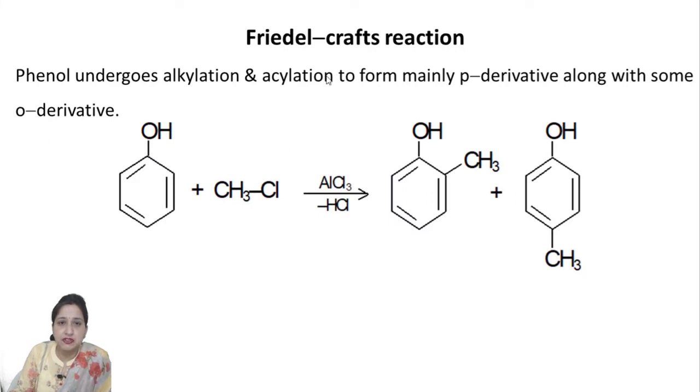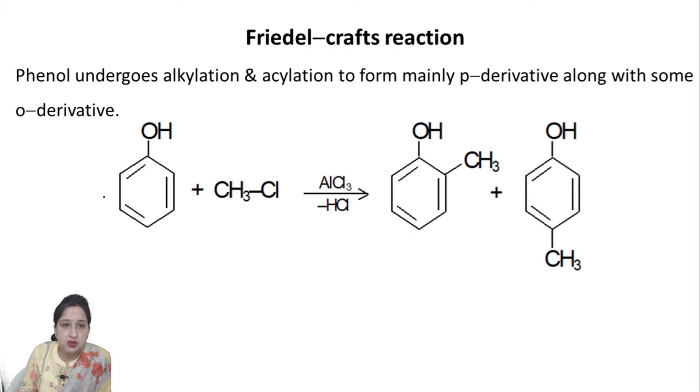Next is your Friedel-Crafts reaction. Actually this is your Friedel-Crafts alkylation reaction. Phenols undergo alkylation and acylation. Acylation you have already discussed, beta. To form mainly para derivative along with some ortho derivative.